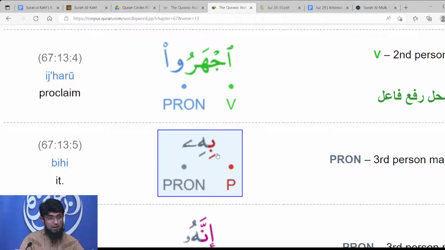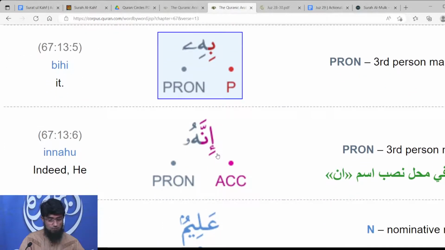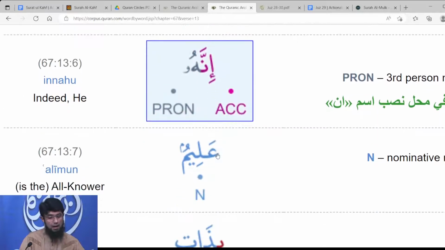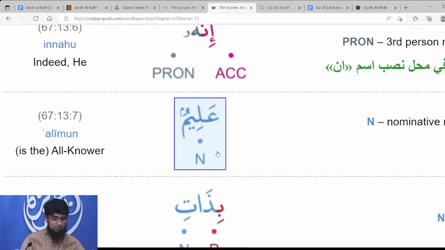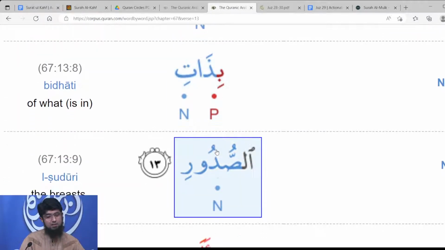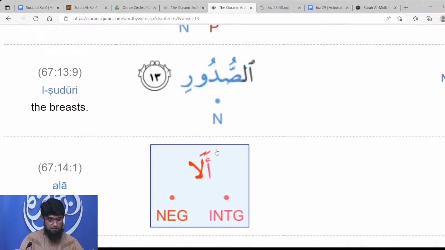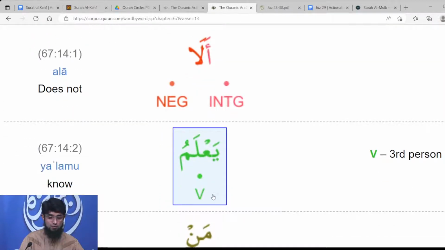Clear? Bihi. Innahu alimum. So this is from Ain Lam Mim, which has come before. Bidhati as-sudur. Okay, good. Ala ya'lamu. He knows. Now, they don't have it here, but what it means is he knows.